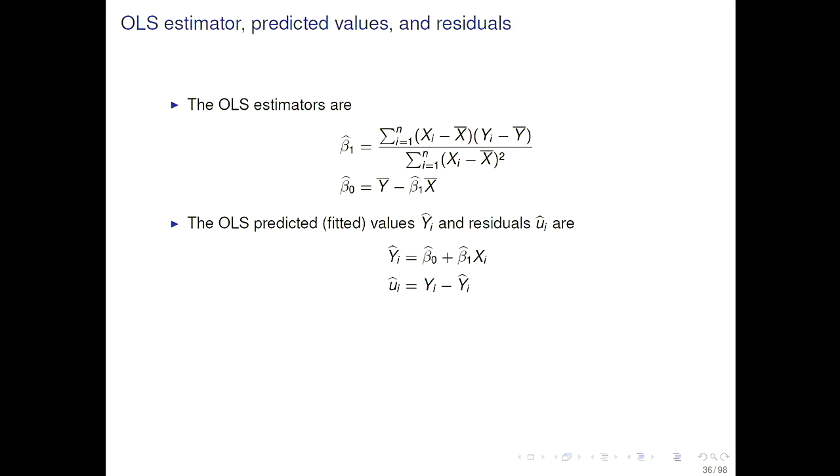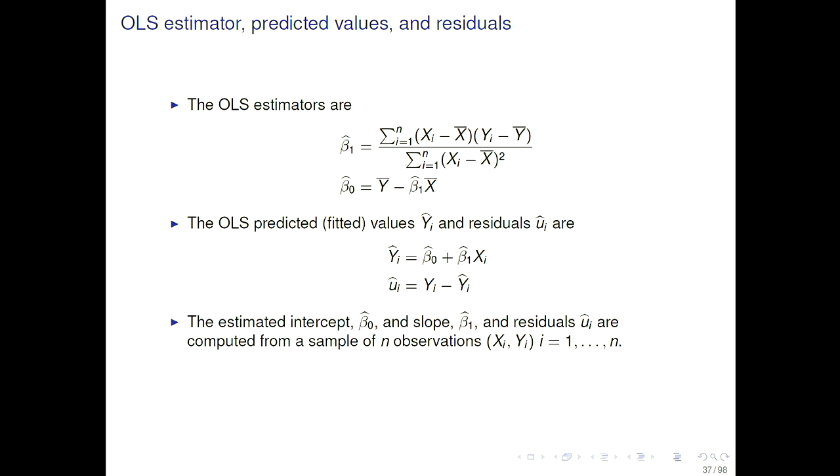But u hat is different. Once you estimate the OLS estimators, then you can construct the fitted value of y, and the difference between the actual value y and the fitted value of y is defined to be the residual. We are using similar notation, but u hat is very different from just u. You have to make a distinction between u and u hat.